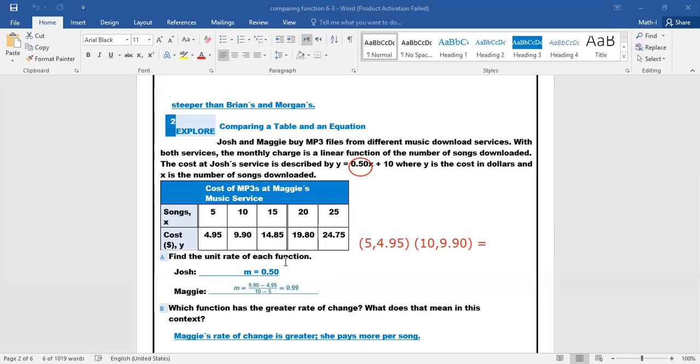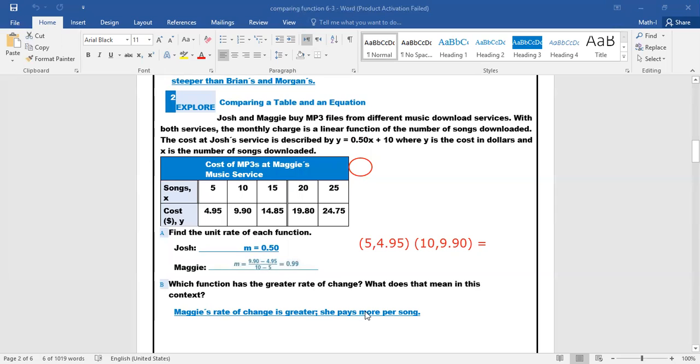So we compare the two slopes, or the two unit rates. Maggie's rate of change is greater and she pays more per song.